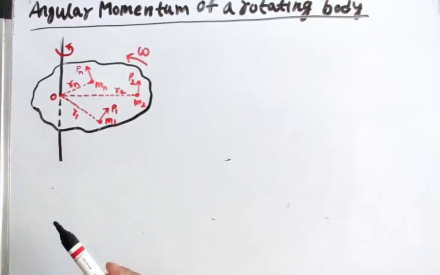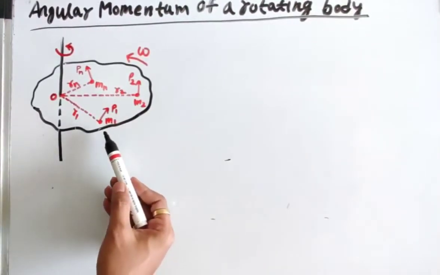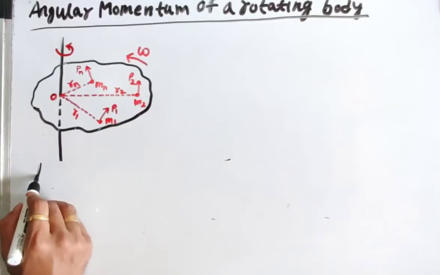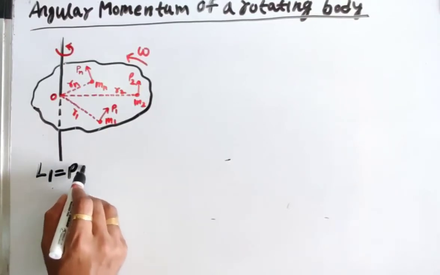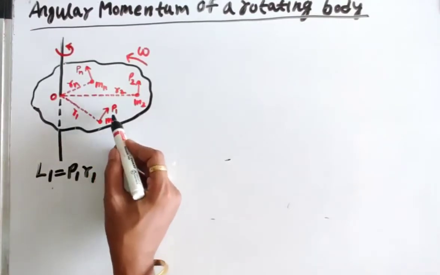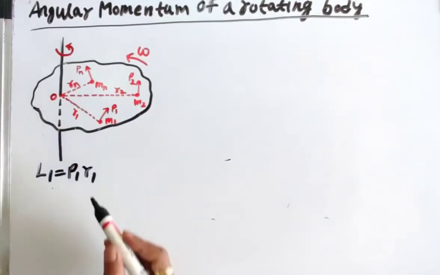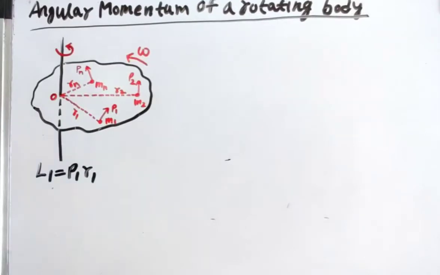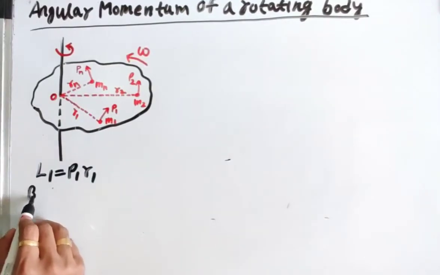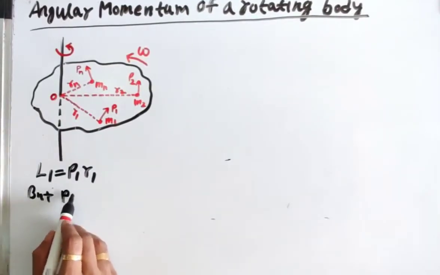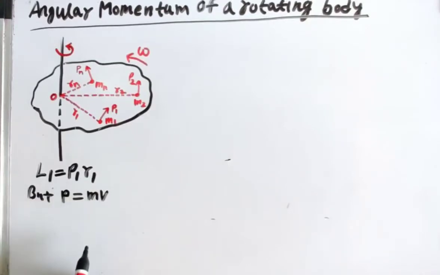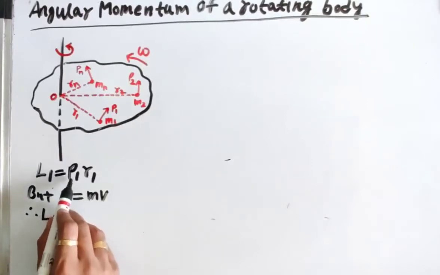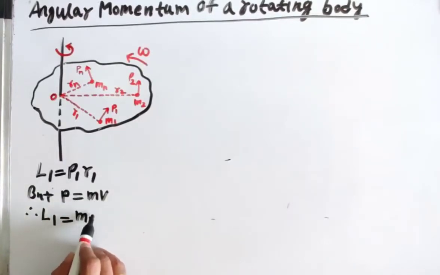Now from the figure, the angular momentum of the particle of mass m1 we can write as L1 = p1 r1, where p1 is the linear momentum of this particle and r1 is the perpendicular distance of this particle from the axis of rotation. But we know that linear momentum p is equal to mass into velocity. Therefore L1 = m1 v1 r1.